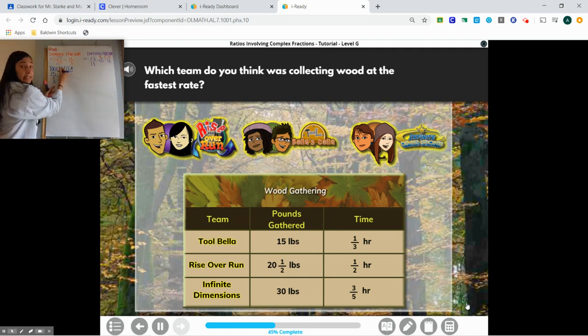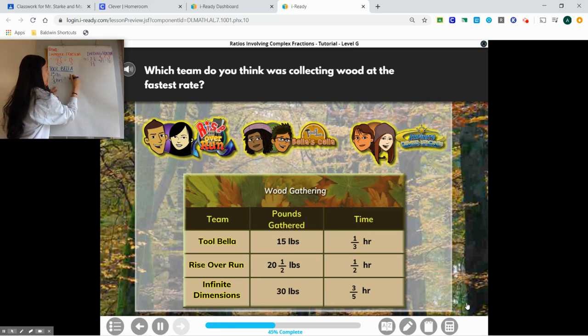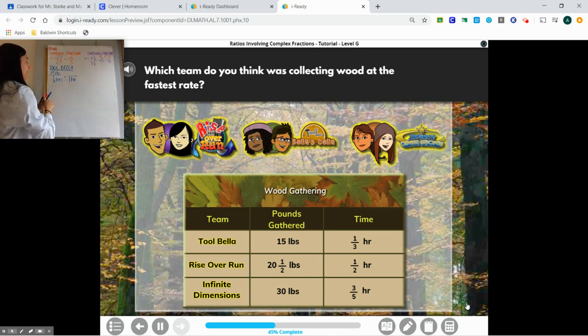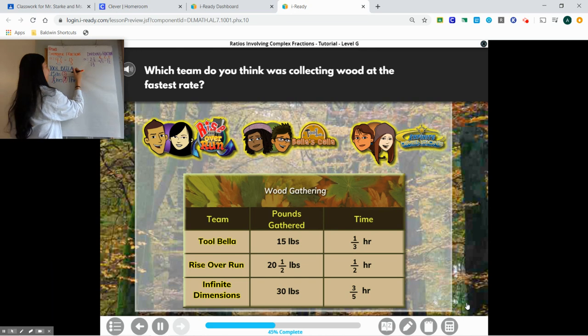Remember, if this is our pounds of wood and this is our hours, we want the hours to have a 1 in the denominator. So what do we have to multiply? 1/3, the reciprocal would be 3 over 1. These will cancel. 3 over 1 is the same as just the whole number 3. So we're really doing 15 times 3, which will give us an answer of 45 pounds per hour.